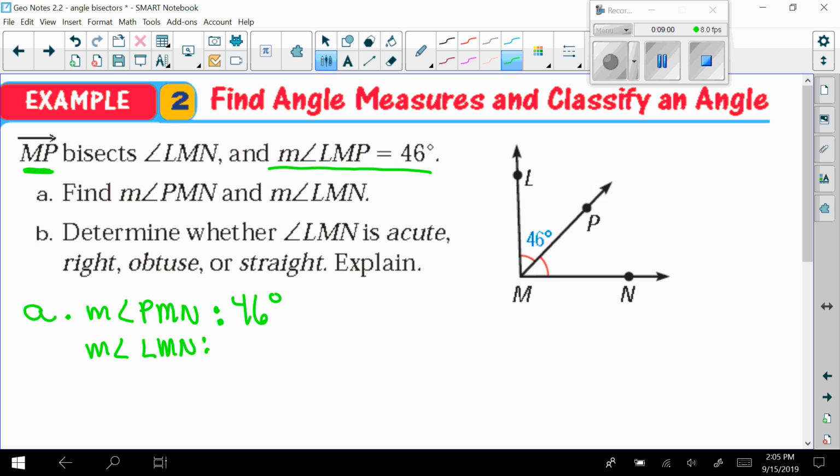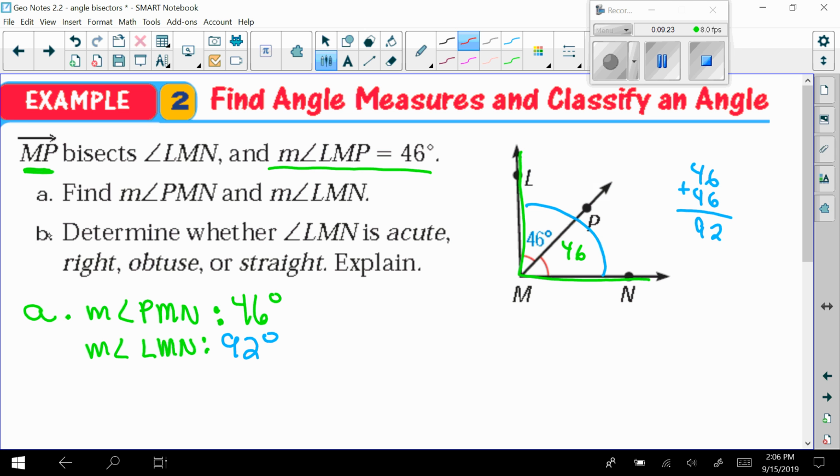Well, that's the whole outside angle, LMN. If that's 46 and this is 46, together they are 46 plus 46, which is 92. So LMN is 92 degrees, all right?